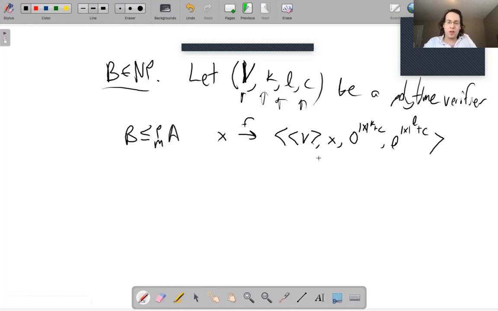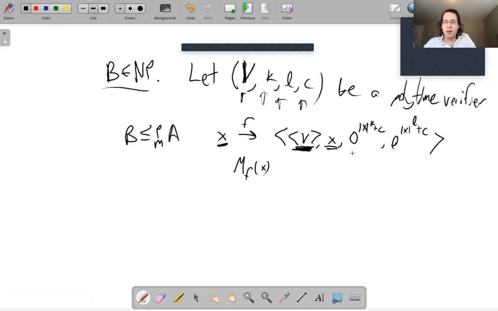First of all, note that this description of V doesn't depend on X. It can be hard coded in. So if we're trying to define a machine M of f that computes f, then this description of V can be hard coded in, so that's constant time to print. Then our input is basically X, so we can write down X here.